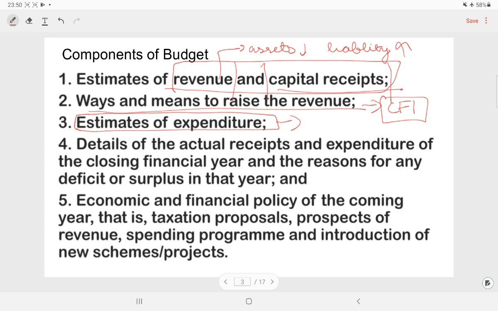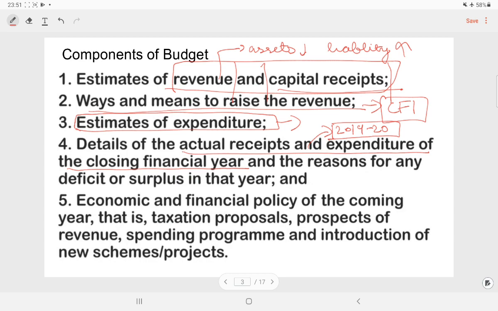Another component of the budget is the actual receipts and expenditure of the closing financial year. Suppose this is 2021-22, then it will also have a look at the expenditure and the money received in 2019-20, through which sources the government acquired how much wealth and through which sources the government spent that wealth.